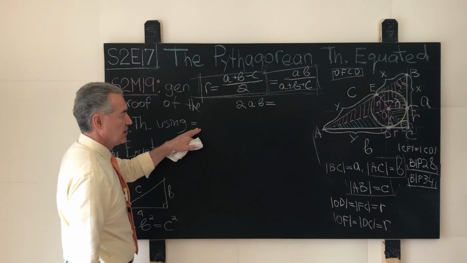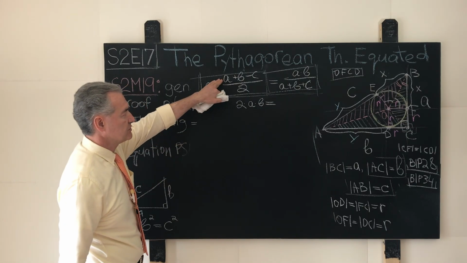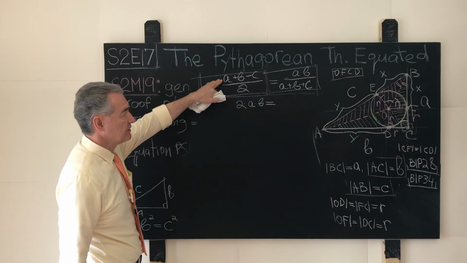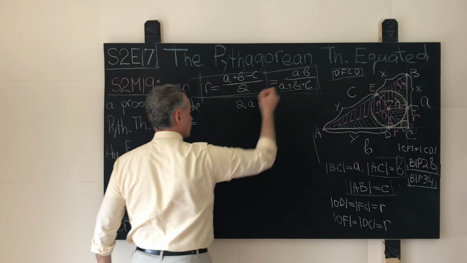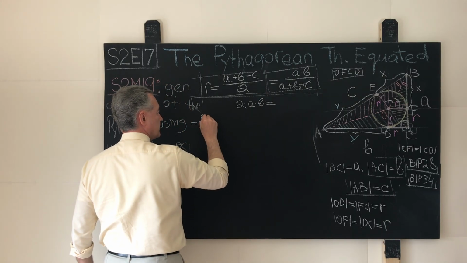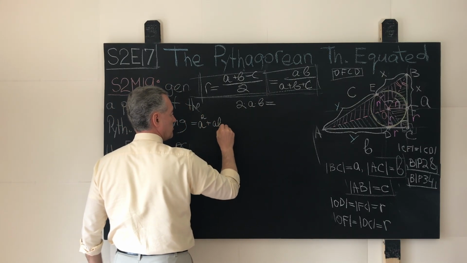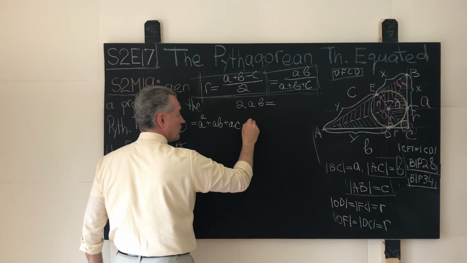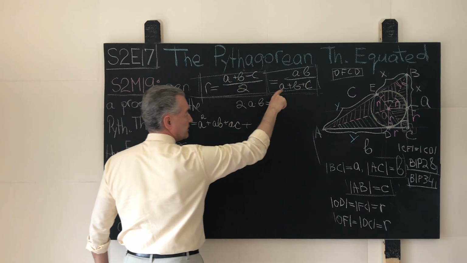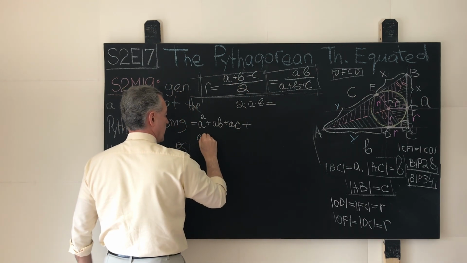Let us carefully write down the result. Let's just chug along and eat this thing one piece at a time. A times the sum will be A squared plus AB plus AC. So far so good.